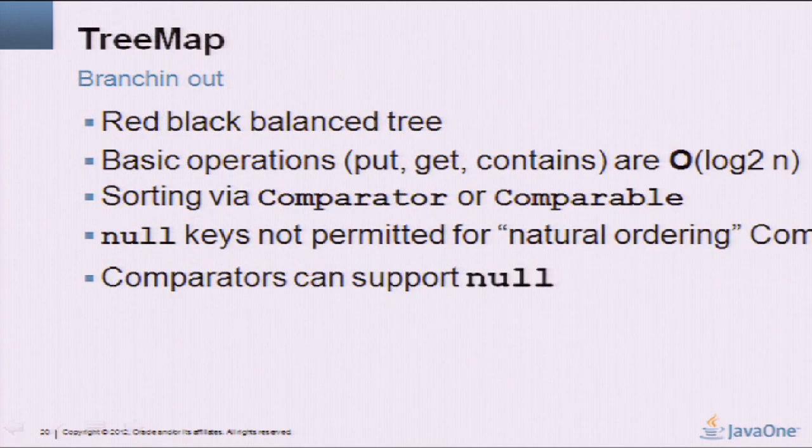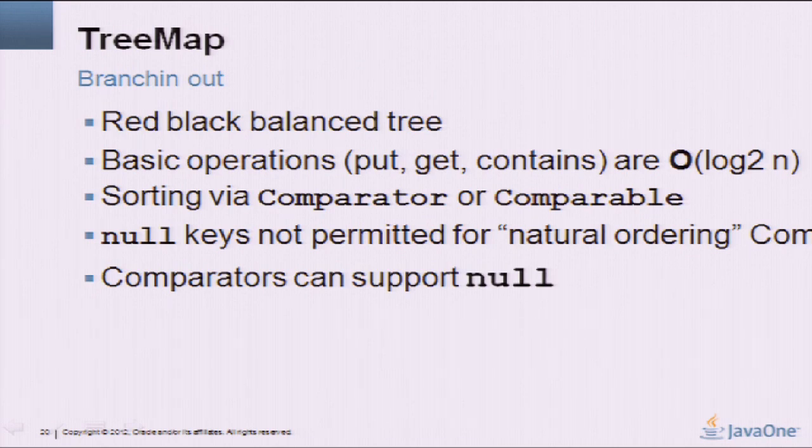So one of the implementations of navigable map is TreeMap. It's a red black tree with order log n operation performance, in contrast to the hash implementations, which are order 1. This is kind of a strange map in that it conditionally supports null.